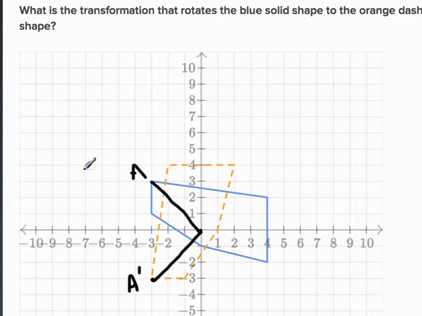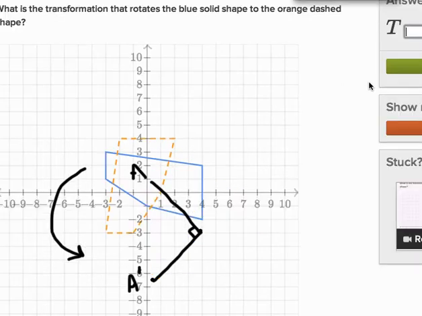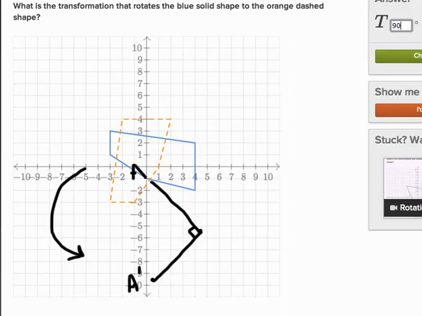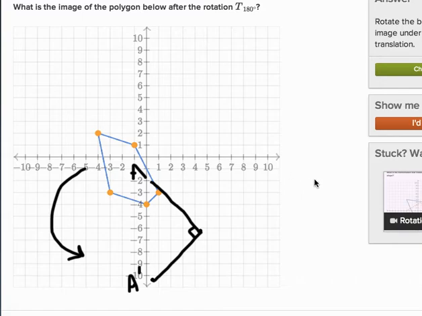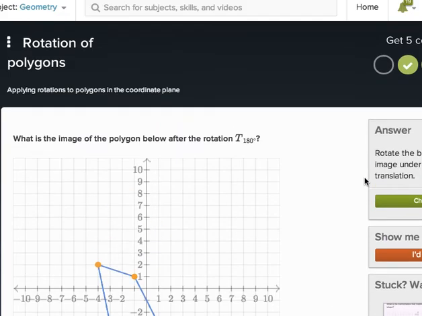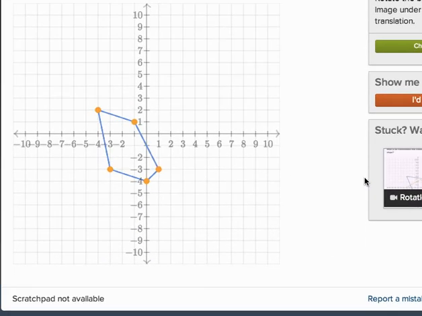And of course, because we're looking at standard rotation, it's got to be counterclockwise. That looks like a 90-degree rotation to me. And so let's go 90. Correct. Let's see. We only have one more to go, so let's get this 5 in a row.